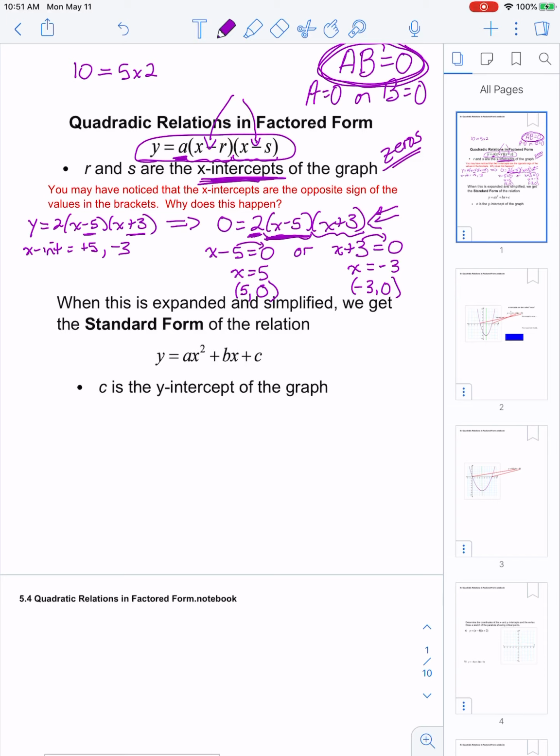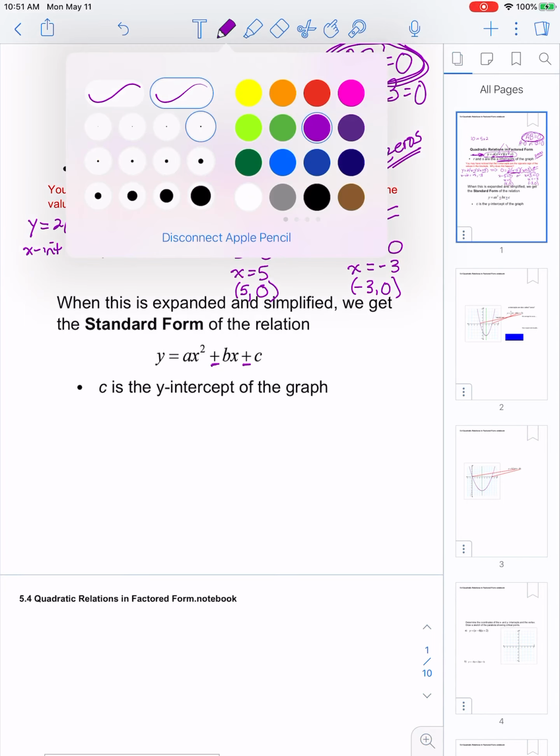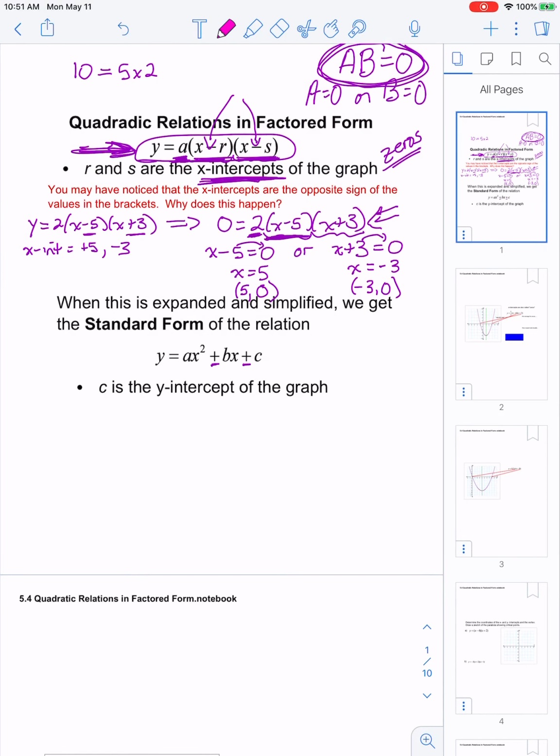This one up here is called factored form because it's all multiplication. But standard form is not all multiplication. There's all this addition going on. We're not taking ax squared and multiplying it by bx and multiplying it by c. We're adding them. So this is called standard form.